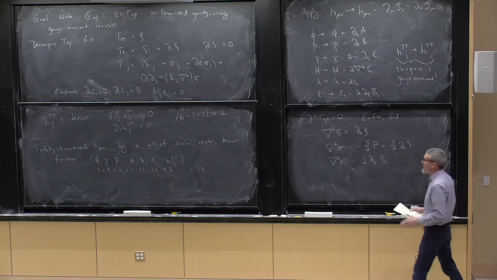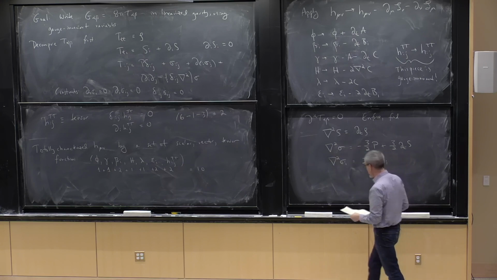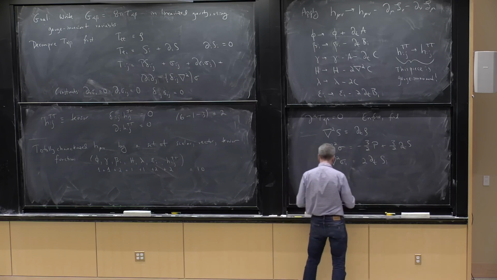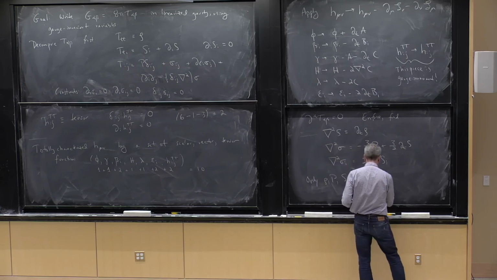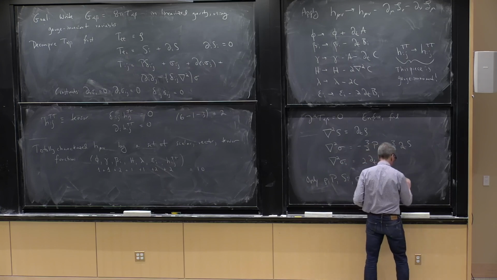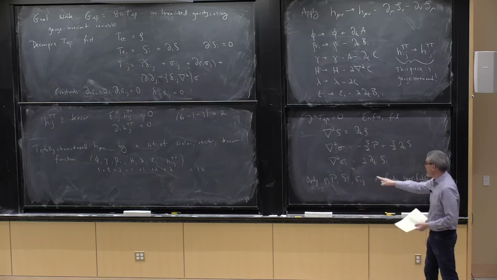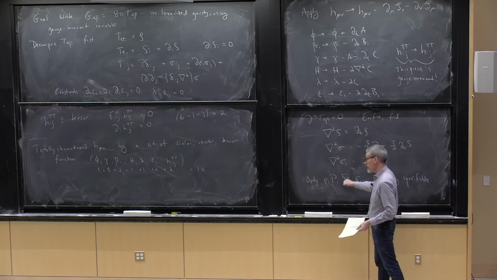What this tells us is, I really want to make sure people don't get too hung up on this. This is really just a convenient way of reorganizing the information in those terms. But if you do want to think about this, this is telling us that only rho, p, SI, and sigma ij are freely specifiable. If you know these, there's a total of 6 functions here: 1 scalar, 3 vectors minus 1 constraint, 6 tensors minus 4 constraints, because this is divergenceless and trace-free.